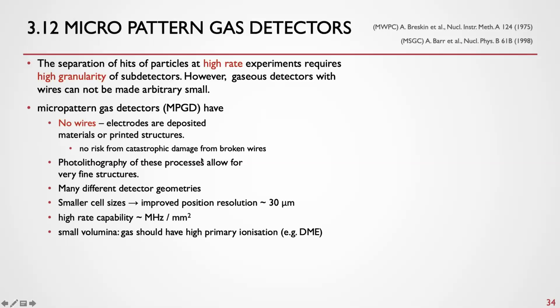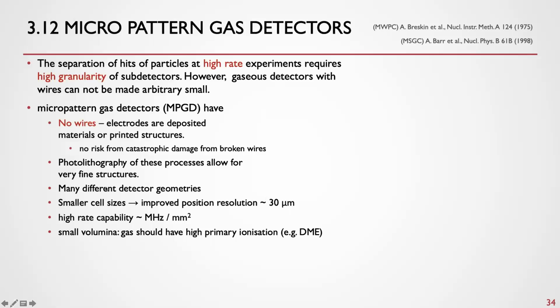One can use photolithography to print the structures on supporting material, and there's industry technology to facilitate that. Because there are no wires, there is more flexibility in the detector geometry. And one can also make the cell size smaller. Position resolution can easily go down to 30 or so micrometers. That's possible, but hard to achieve with wire detectors.